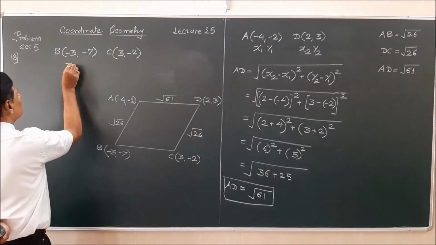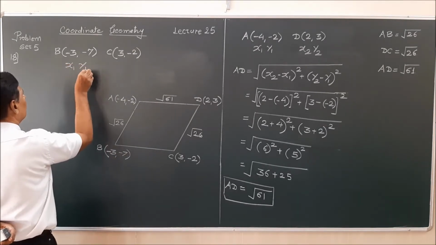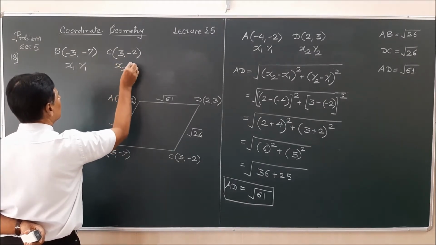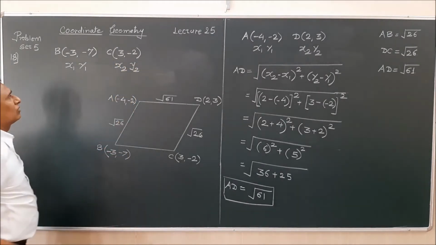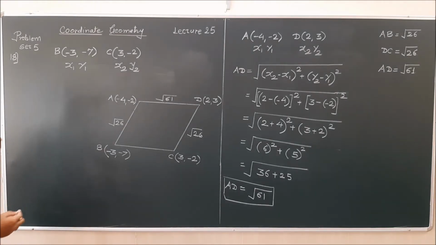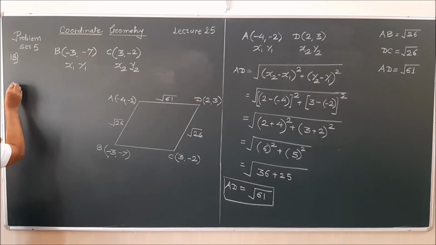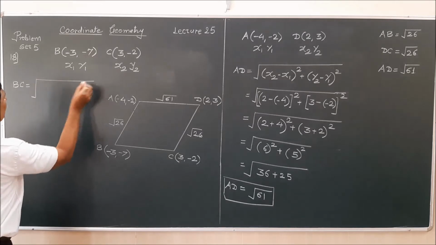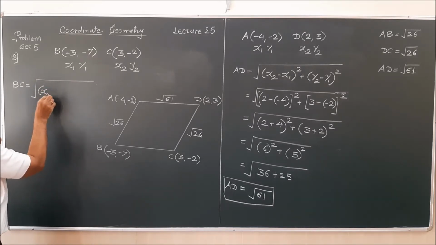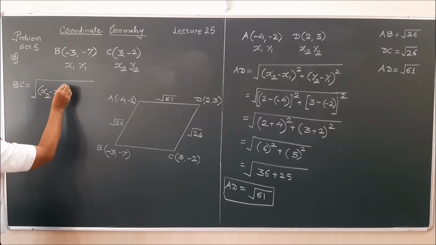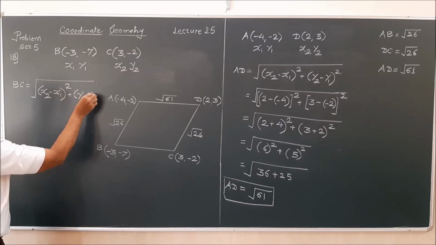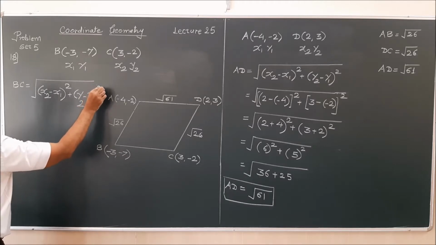Same as before, students, label B coordinates as x1, y1, and coordinates of C as x2, y2. Now I am going to find out BC. You all know I am going to find it by the distance formula, x2 minus x1 the whole square plus y2 minus y1 the whole square.